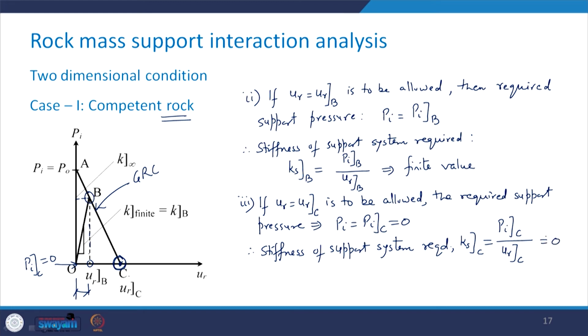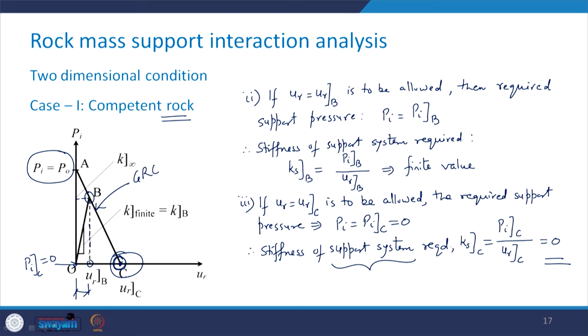This means that we don't even need any support system. The tunnel or the excavation will be stable even without the support system. So this is one extreme case, where you don't need the support system.